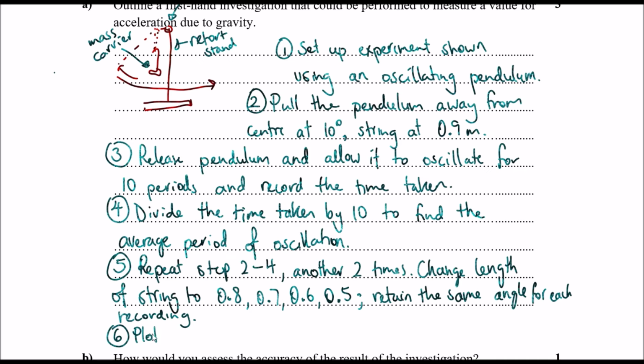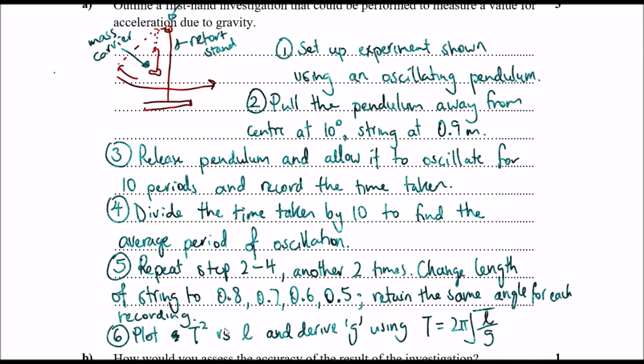So plot T squared versus L and derive g using our formula T equals 2 pi root L over g. And that's how we would use this data to help us find the acceleration due to gravity. You could also mention you'll need to use the gradient value, but besides that, that's how you would go about this question here.